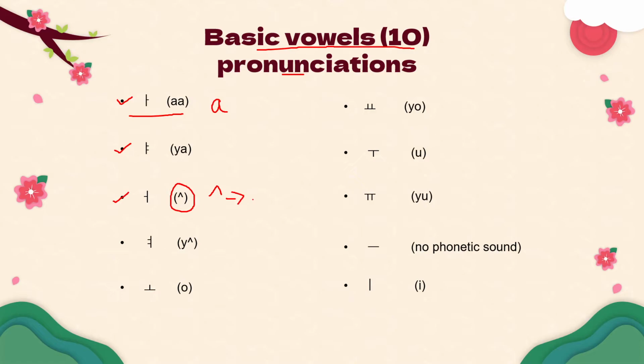You will find it either written as a, or you will find it written as a. This one is more often, because this is used in you basically. But somewhere this represents the sound of o, in some words. So don't get confused.